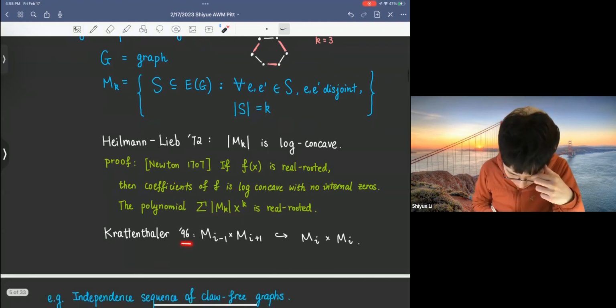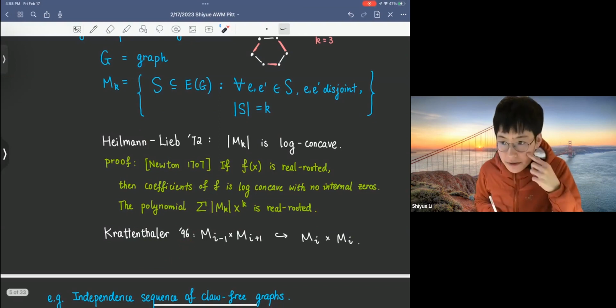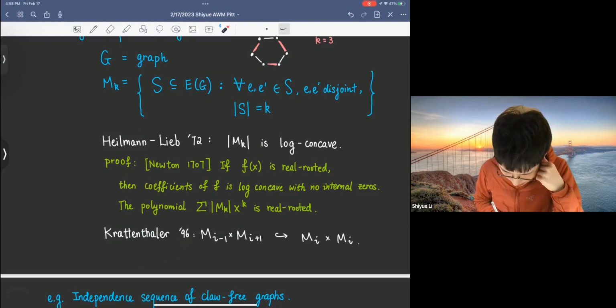Then in 1996, Krattenthaler gave an injective combinatorial proof of the log-concavity.